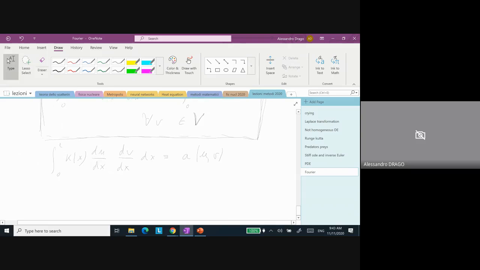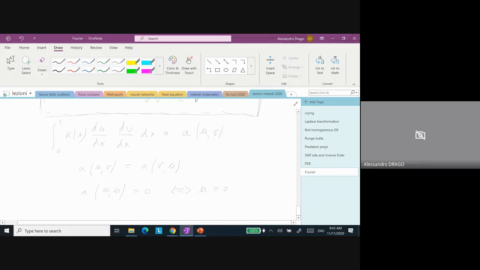And there are two other interesting points. It is clearly symmetric: a of u and v is equal to a of v and u. And another point is that a of u and u is equal to 0 only if u is equal to 0.